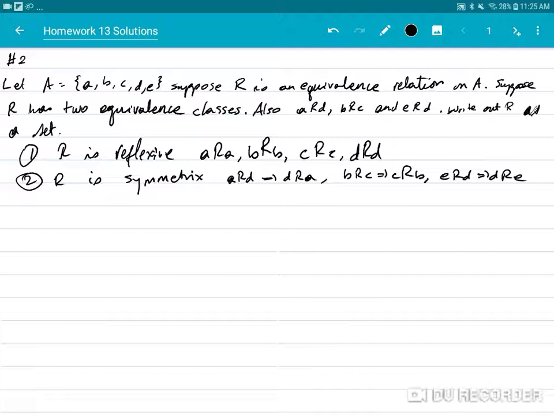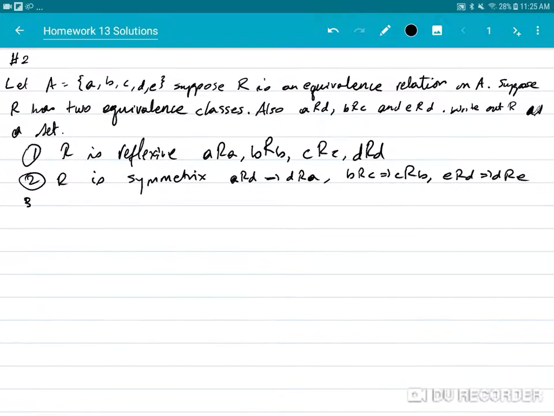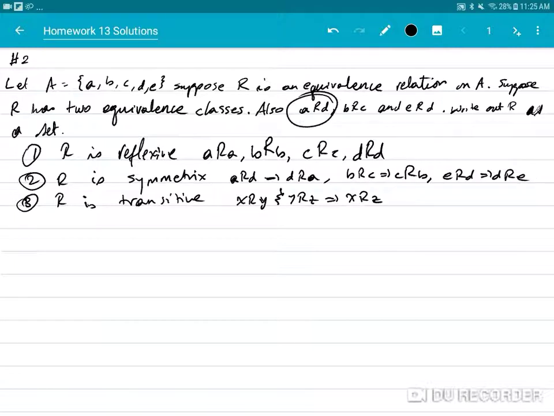And transitivity will give us that A is related to D is related to E, so A must be related to E. R is transitive. That means that if X is related to Y and Y is related to Z, then X is related to Z. So anytime we see A is related to D is related to E, we should get A is related to E also.